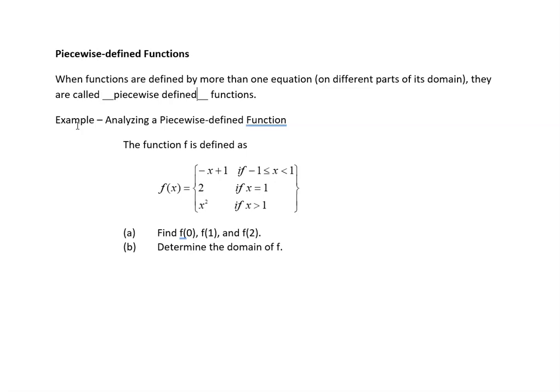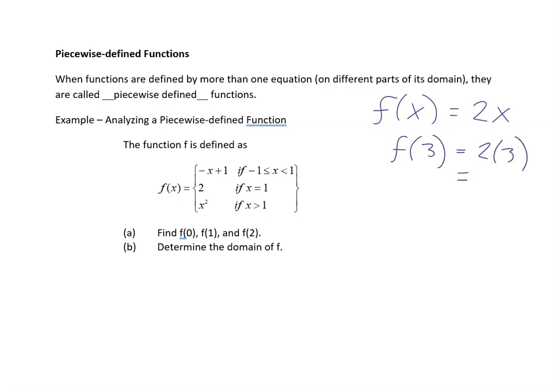When we are working with a piecewise defined function, we're going to evaluate it in a very similar way that we've evaluated functions all along. But one difference is we have to figure out which piece of the function to plug our values into. So previously, if we had something like f of x is equal to 2x, and we were asked to find f of 3, well, we just plugged 3 in for x and simplified.